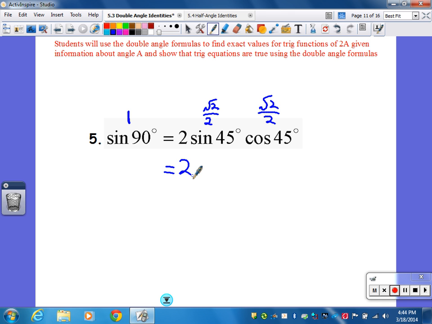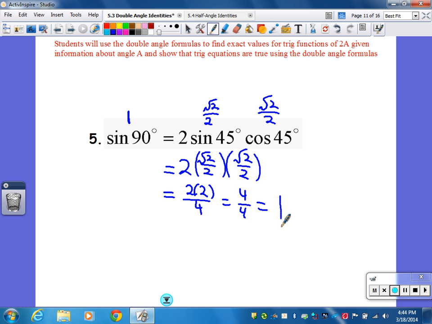We have 2 times the square root of 2 over 2 times the square root of 2 over 2. And we do the math. It's 2 times 2 over 4, which is equal to 4 over 4, which is equal to 1, which is what we wanted right there.